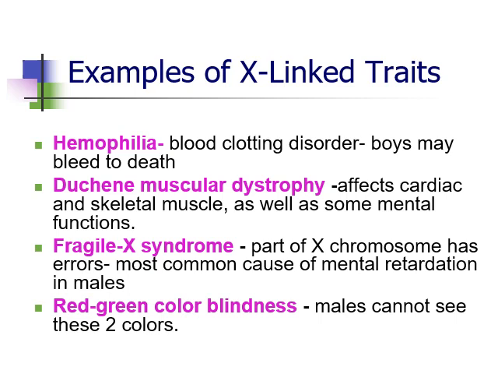Fragile X syndrome is where part of the X chromosome has errors. It looks like it's going to break off. It looks very fragile. This is the most common cause of different types of mental delays in males. And then red-green color blindness. This is something that shows up more in males because it's X-linked.